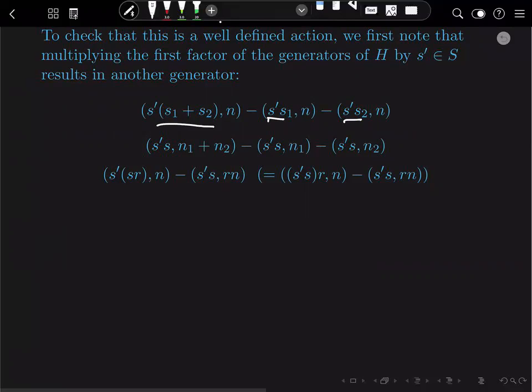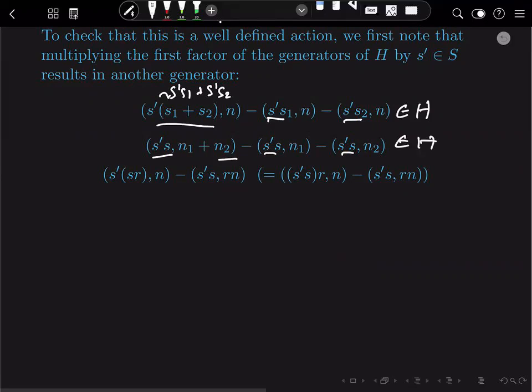And this is obviously another generator element, because in this product, we have S prime S1 plus S prime S2, and these are obviously elements of S again. So this is obviously in H. We have the same situation here, S prime S, S prime S, and S prime S, right? So this is again an element of H.